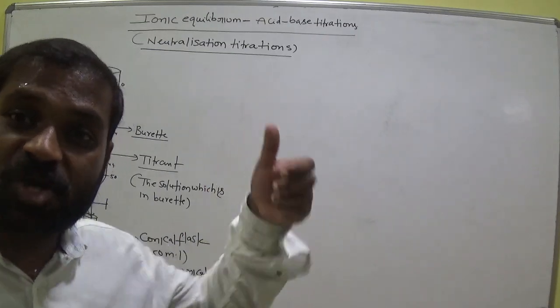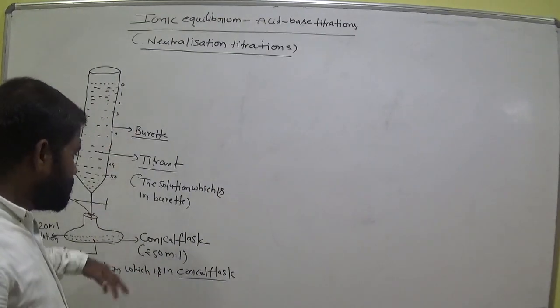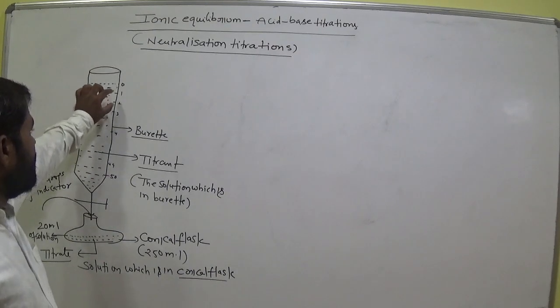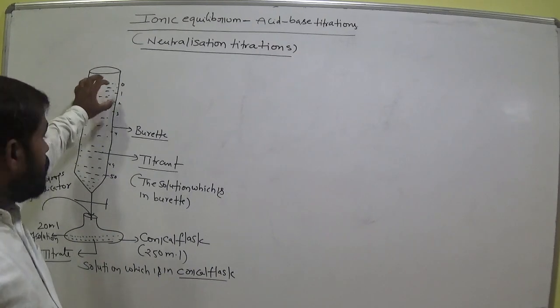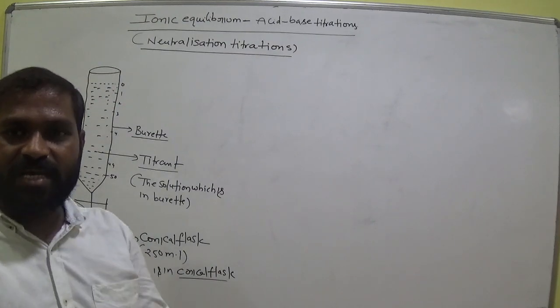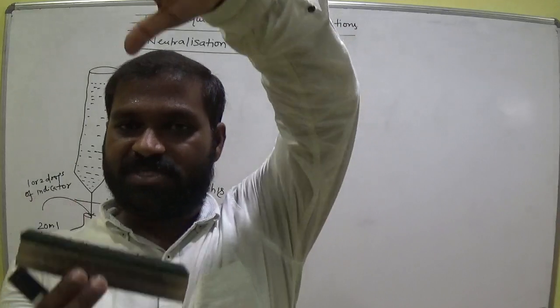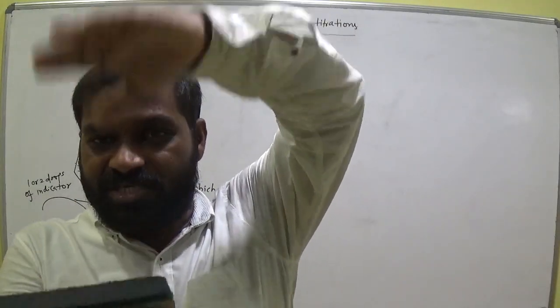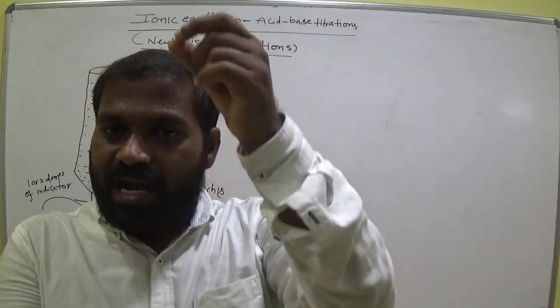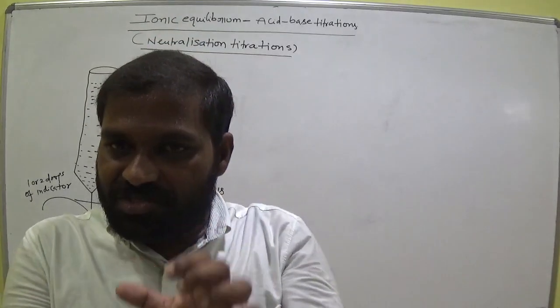Okay. Now we can stop the titration. This process is called titration. We can stop the titration and note down the reading, how many ml are used from the burette. Is it clear? Now suppose base is released into the conical flask. We add indicator into the conical flask, and add base drop by drop.